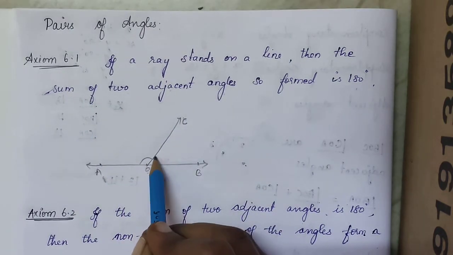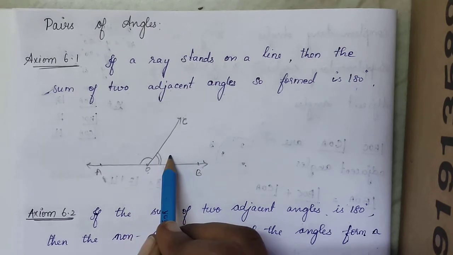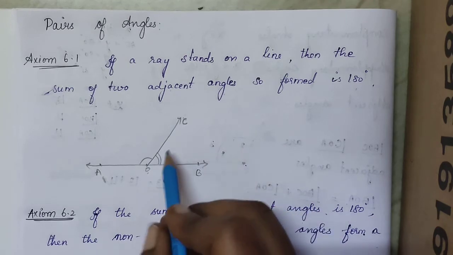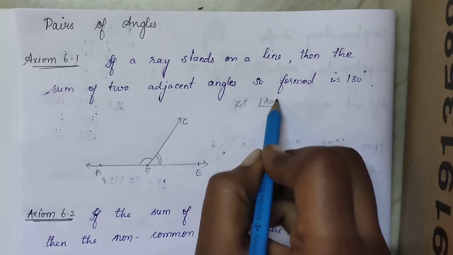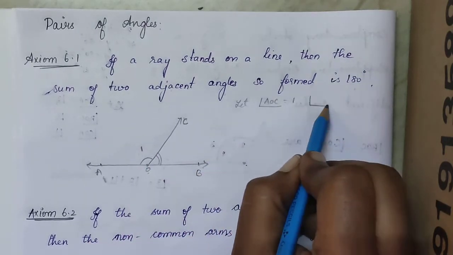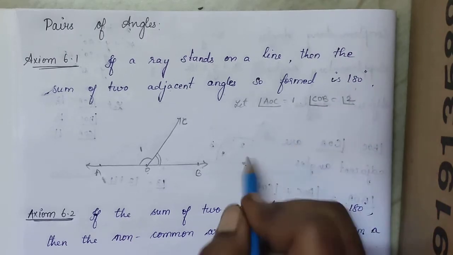Now this angle and this angle are adjacent angles. When you add these two angles, this will be equal to 180. Let angle AOC be equal to 1. Now angle COB is equal to 2.